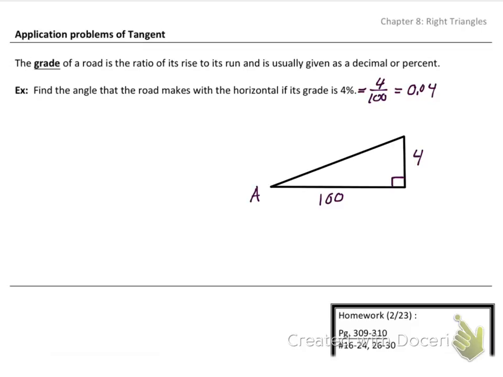And generally these angles aren't going to be huge. Because if you're going uphill 90 degrees, that means you hit a wall, right? So these angles aren't going to be too huge.